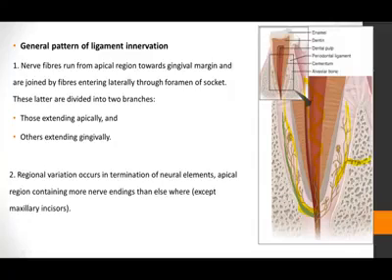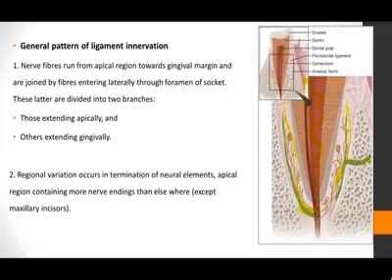Then we have the lateral perforating nerves that are entering into the periodontal ligament from the alveolar bone. These branches could follow this direction, which is apical, or they could go in the coronal or gingival direction, this. So these are the two routes that these nerve fibers could follow.